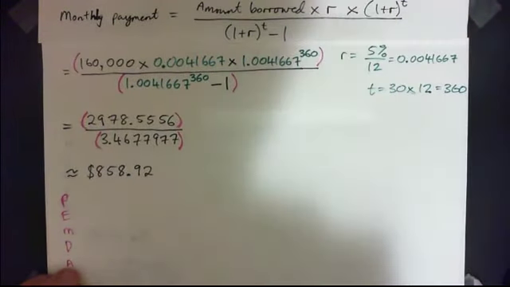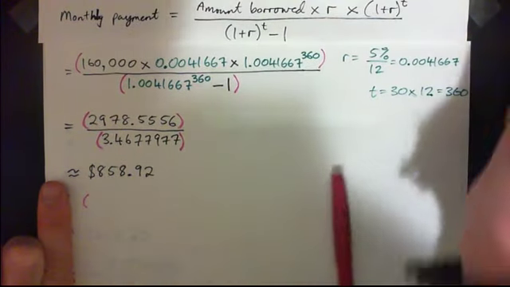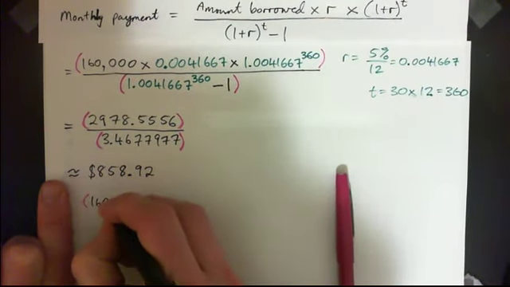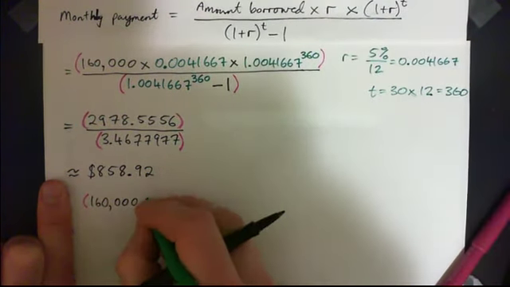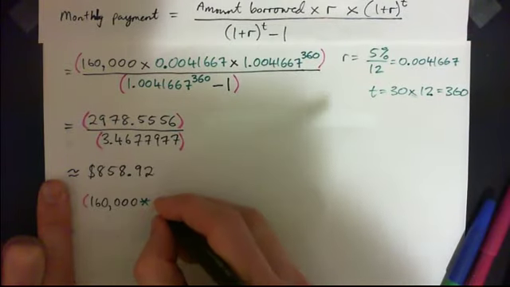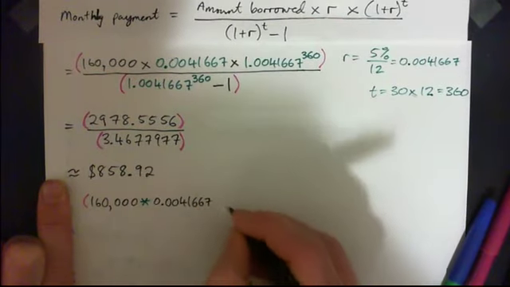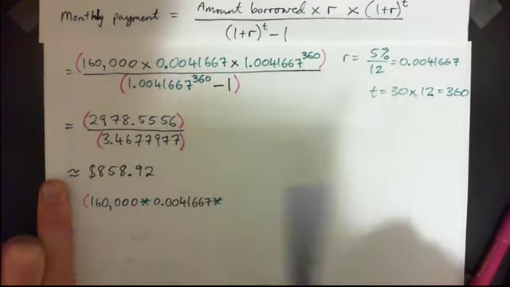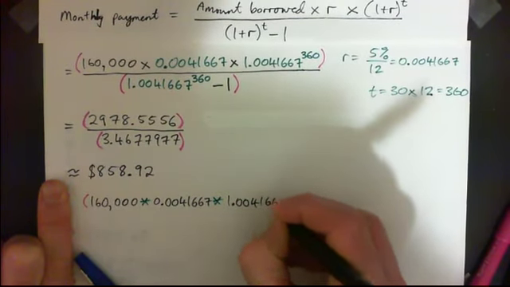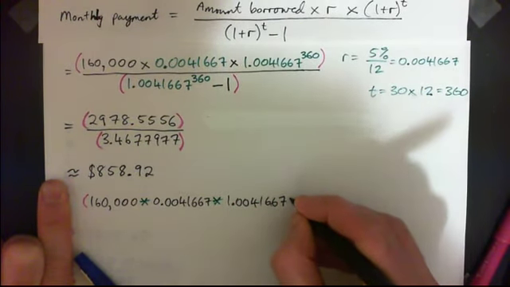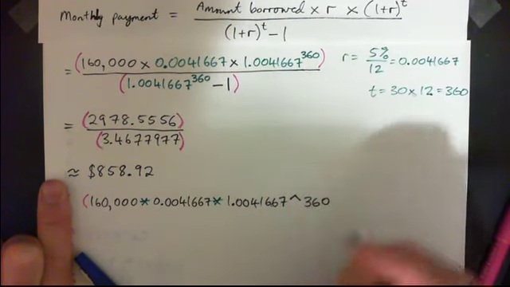So if I write it out, I'll have a parenthesis, 160,000 times 0.0041667, and then a times, and then 1.0041667 to the power of 360, right?